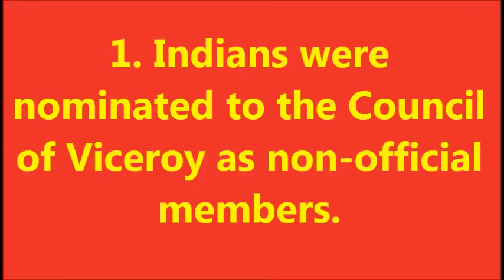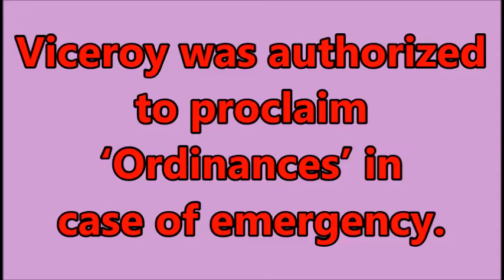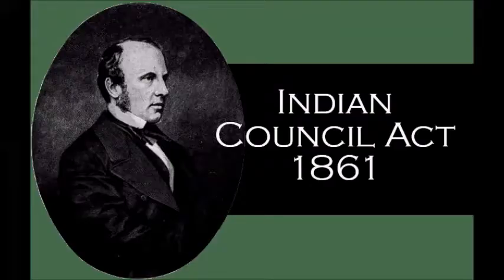First one, Indians were nominated to the Council of Viceroy as non-official members. Second one, Viceroy was authorized to proclaim ordinances in case of emergency. So these are the important provisions of the Act of 1861.